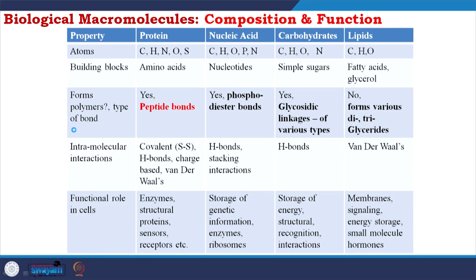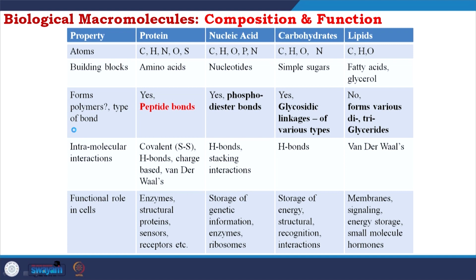So, how do the biological macromolecules do their composition and show their function? In terms of property, protein uses the atoms carbon, hydrogen, nitrogen, oxygen and sulfur. Protein gets phosphorus through phosphomodification. Nucleic acid uses carbon, hydrogen, oxygen, phosphorus and nitrogen.